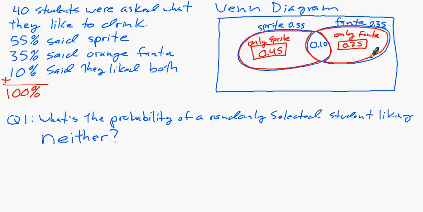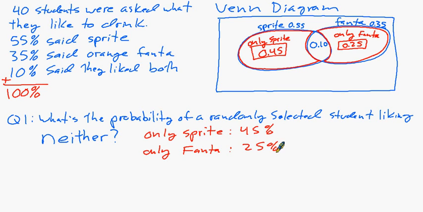Well, we have only Sprite is 45%. We have only Fanta, which turns out to be 25%. We have both, which is 10%.